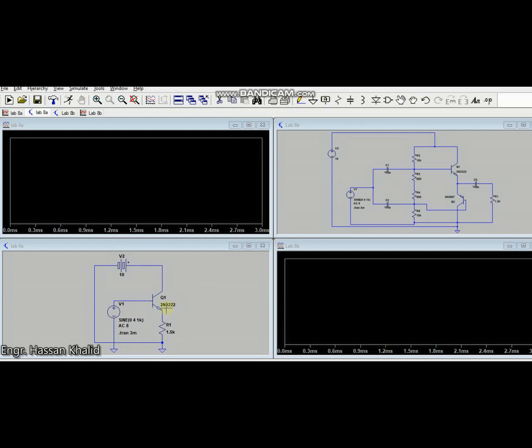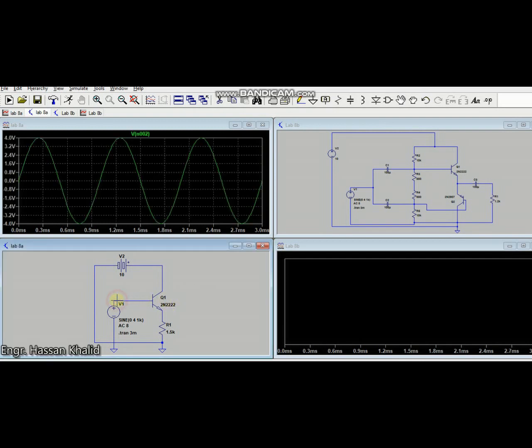Previously, we supplied a sinusoidal input voltage with a 4 volt peak, and the output was only available for the 180-degree conduction region.